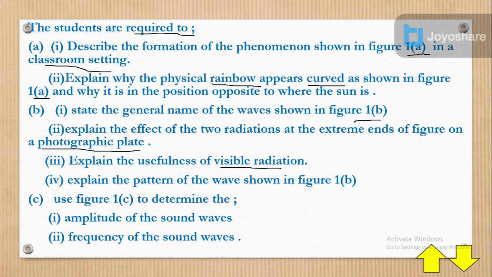Roman number 4, explain the pattern of the wave shown in figure 1B. Then part C, use figure 1C to determine the amplitude of the sound waves and the frequency of the sound waves. Let's go and see.